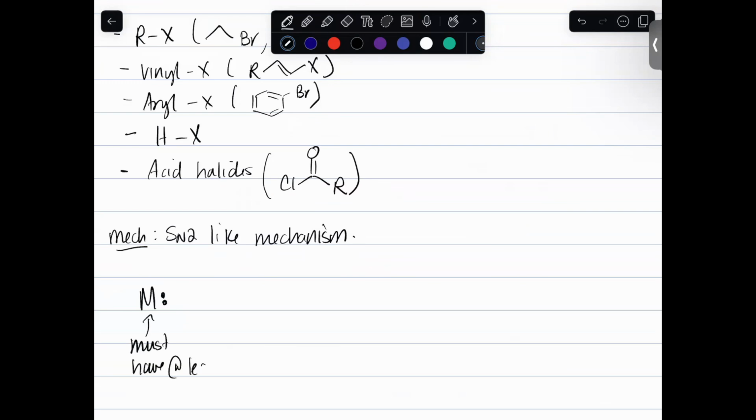You introduce your organic compound, and again, we're just talking about organic compounds that are polar, not nonpolar compounds. It's assumed that the metal attacks, kicks off the electronegative atom, and you've got your intermediate.